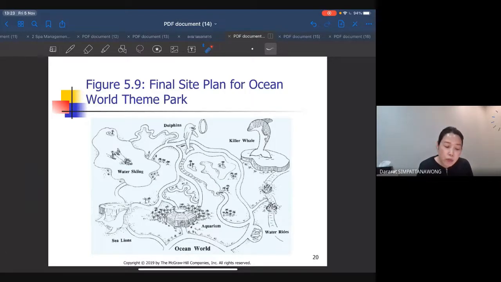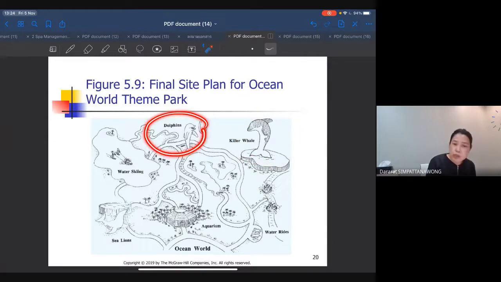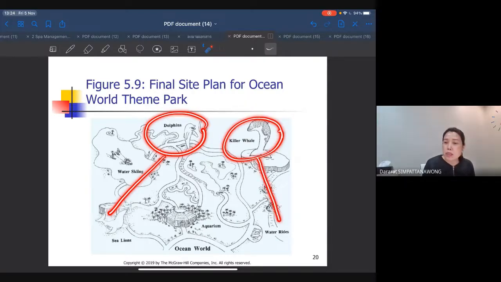If some of you have experience traveling overseas, especially to Disneyland, those refer to theme parks. And in those theme parks, under regular circumstances, you're going to see lots of queues at one attraction. At the dolphins, you may see such a long queue. Queue level, you see another long queue here.